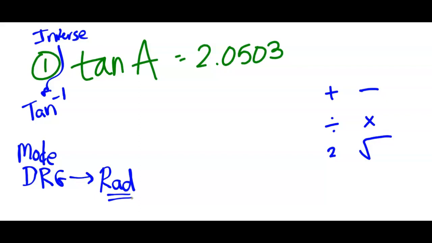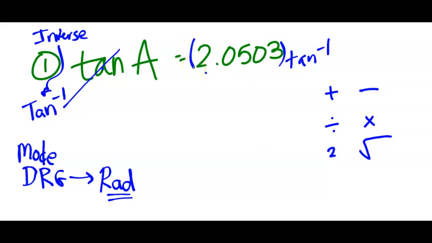All right, so I am going to take the inverse tangent, because that's going to cancel out my tangent, of this. Inverse tangent on both sides, because whatever I do to this side, I have to do to this side, and I'm going to put this into my calculator.